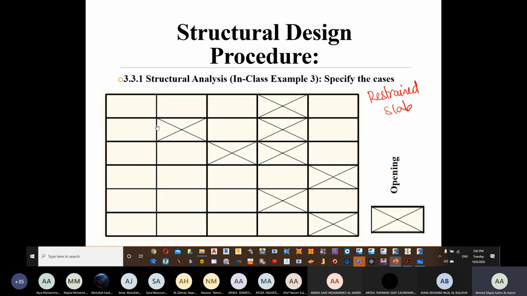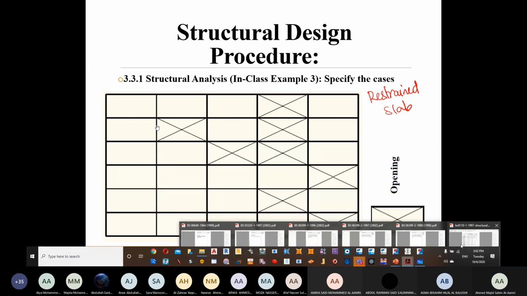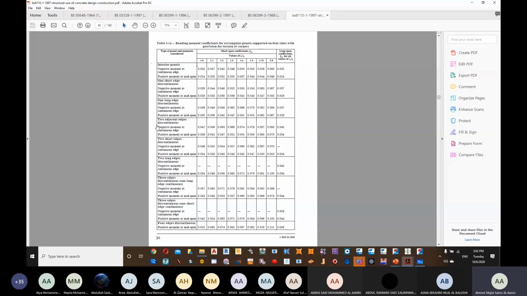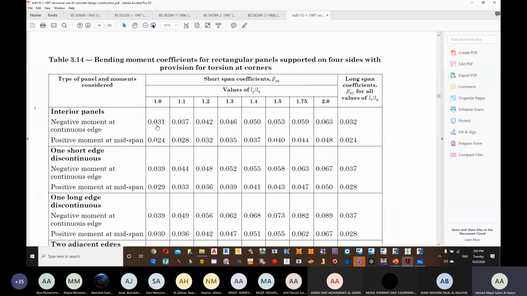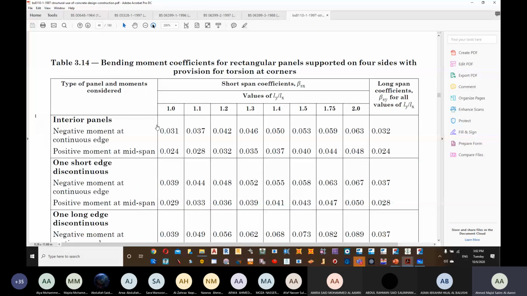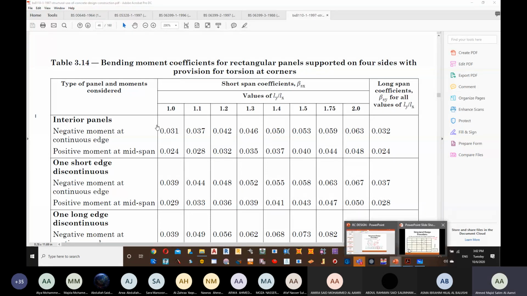Now, if we go and see the first case, it says we have an interior panel. What does interior panel mean? Interior means inside, right?